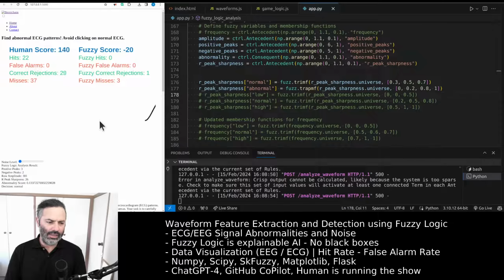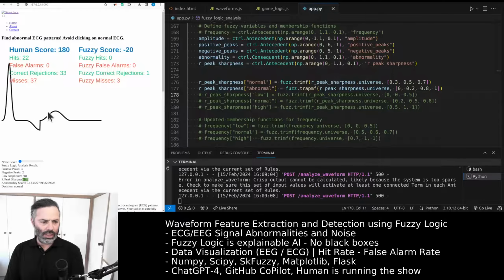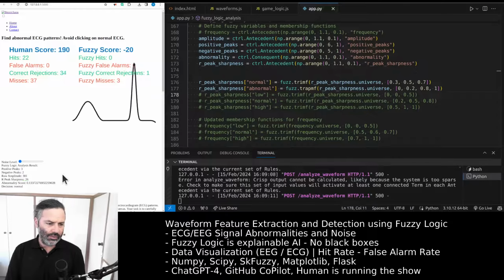And here is another example of a not so sharp R peak that should give a larger number, and it's not coming. Yeah, this one, and that didn't work.